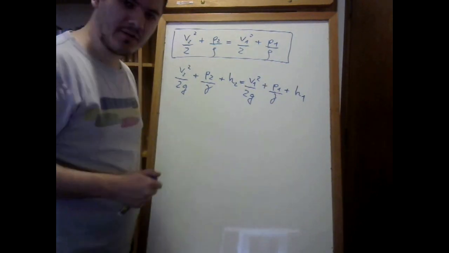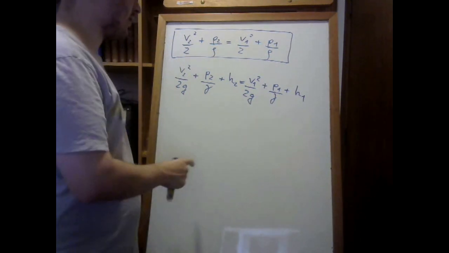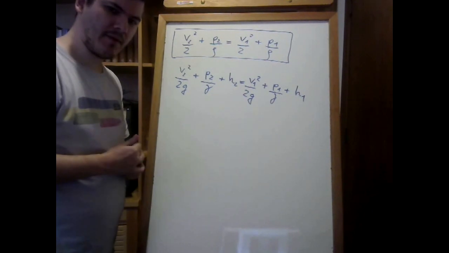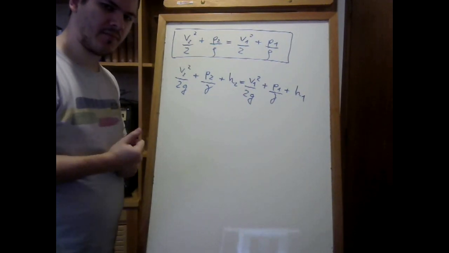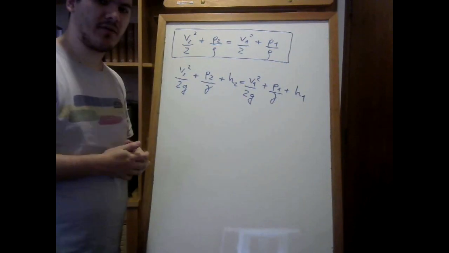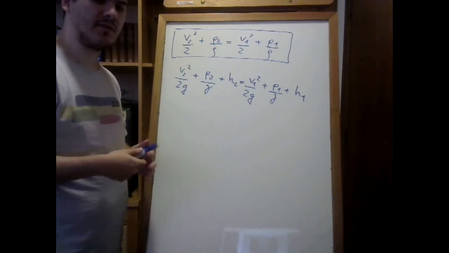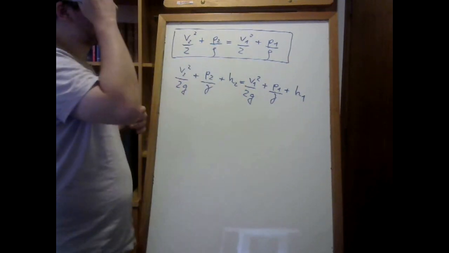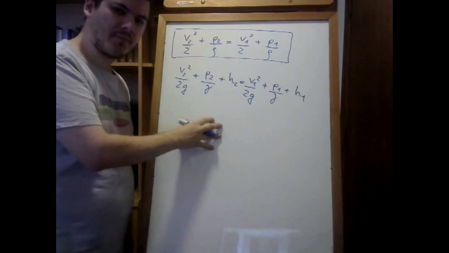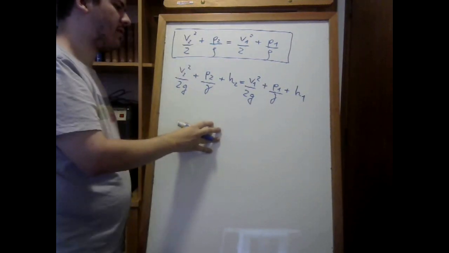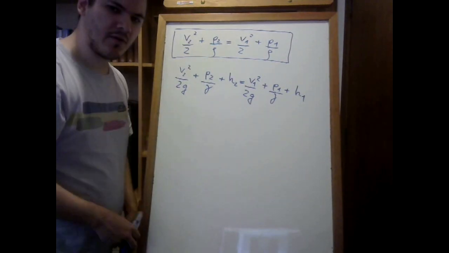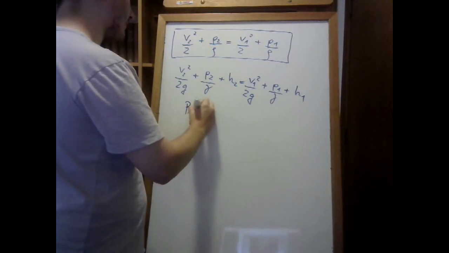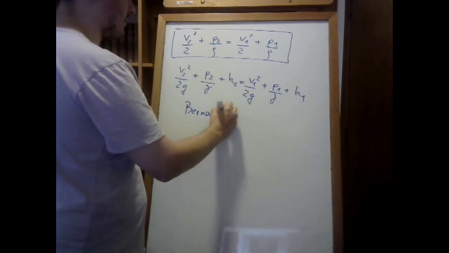There are plenty of other versions of the Bernoulli equation, including if we have hydraulic machinery providing energy for the flow, or if we have a turbine or losses. We can account in this equation for head losses in a pipe flow, for example. Okay, so we have derived the Bernoulli equation.